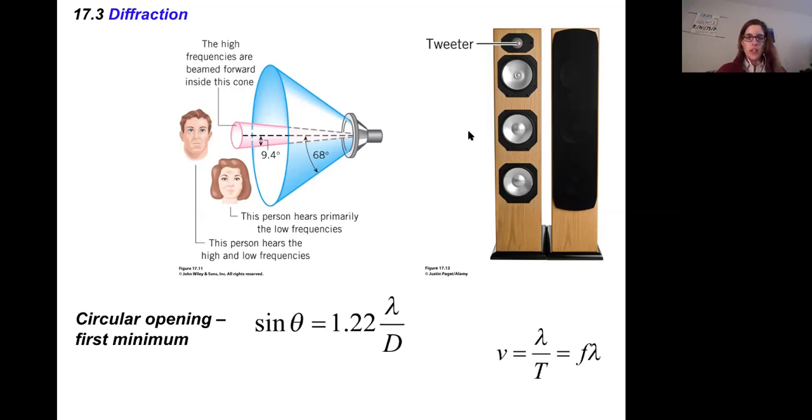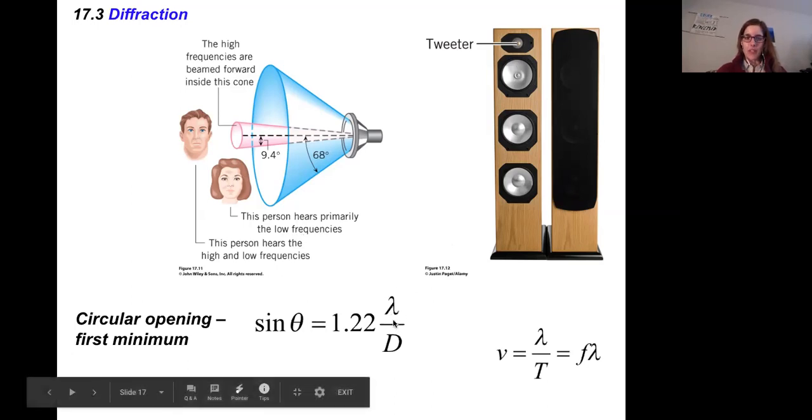And so to help with this, speakers are actually designed for the higher frequencies. They make it a really small speaker, the tweeter, and that helps to bend it to a larger angle. And subwoofers are then going to be the larger, huge diameter, and it helps the amplitude. But again, that's an aside.